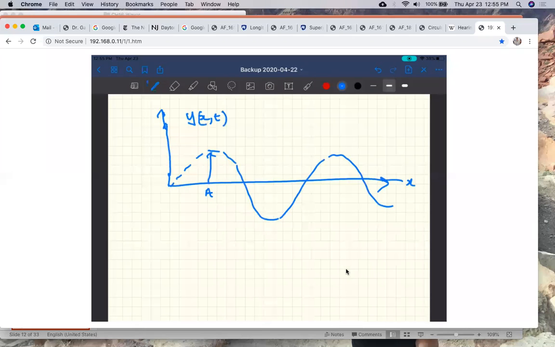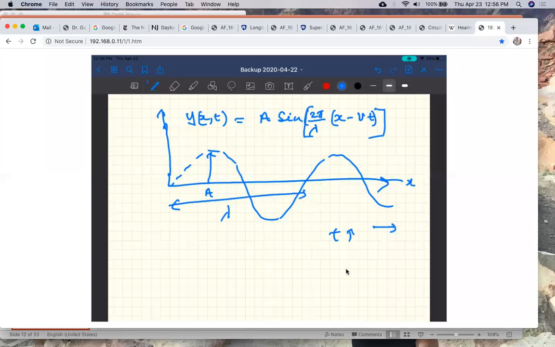So here's a snapshot of the wave at a given point. A sine of 2 pi by lambda times (x minus vt). Where lambda is this length. And as t increases, this wave will travel to the right.